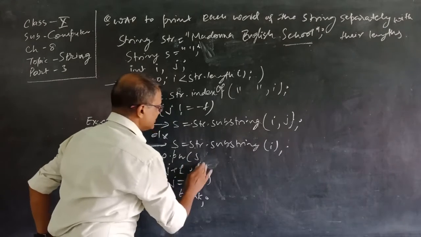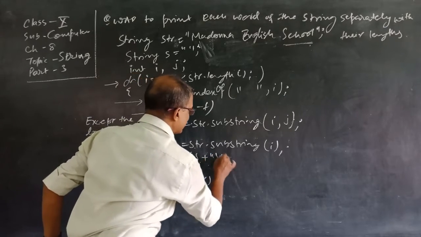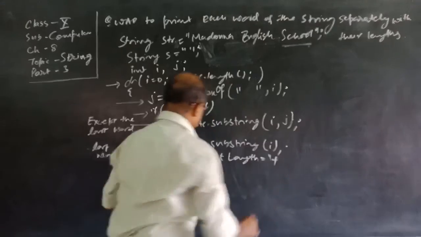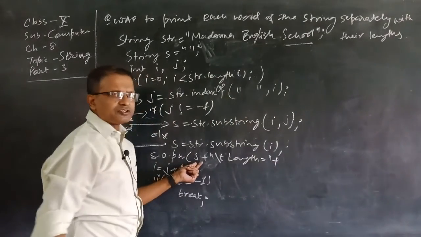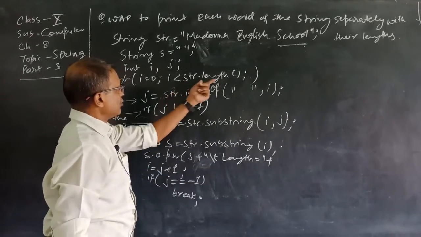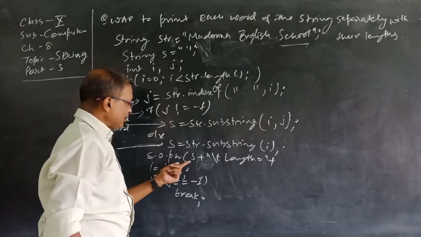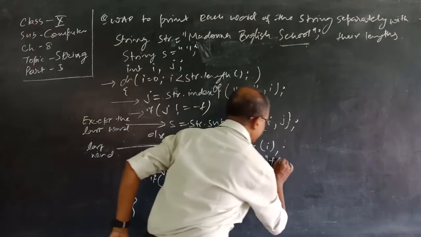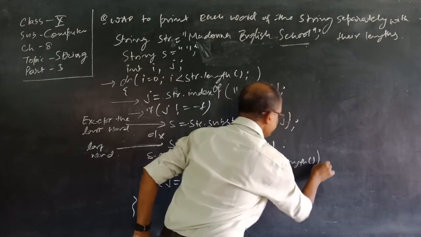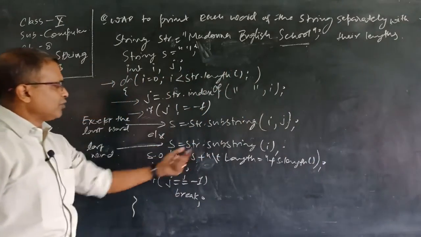How will you print? Just make the modification here, \t length equal to plus length of s. Length of a string is given by the length function. Here str.length means length of str, and if you have to find the length of s, how will you write? s.length. Okay, so this question can be modified like this.